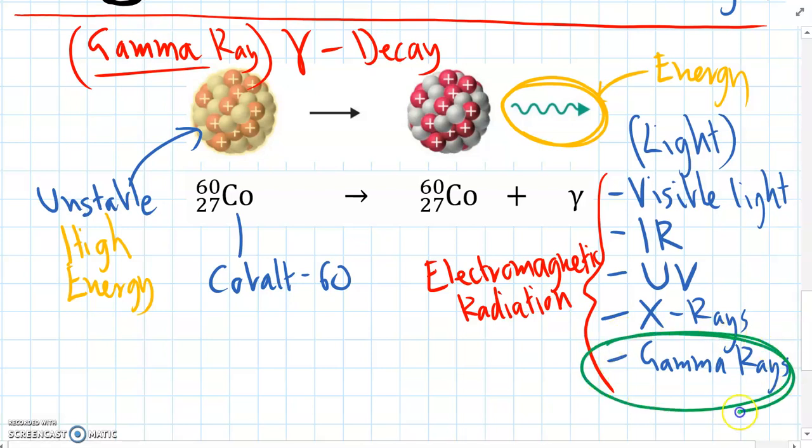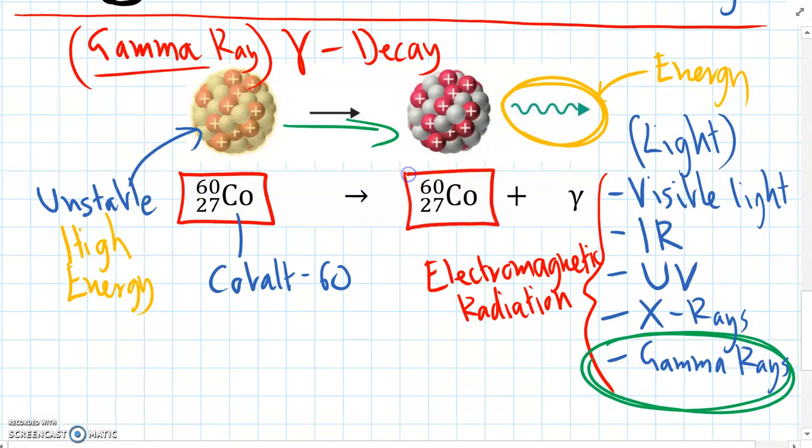So these gamma rays, they get released by the high energy nucleus, but because it's just energy, it's not a particle, it doesn't actually weigh anything. So we started with cobalt 60 here, and it hasn't lost any mass, and it hasn't changed any protons or neutrons, so we're staying as the same element in the end.